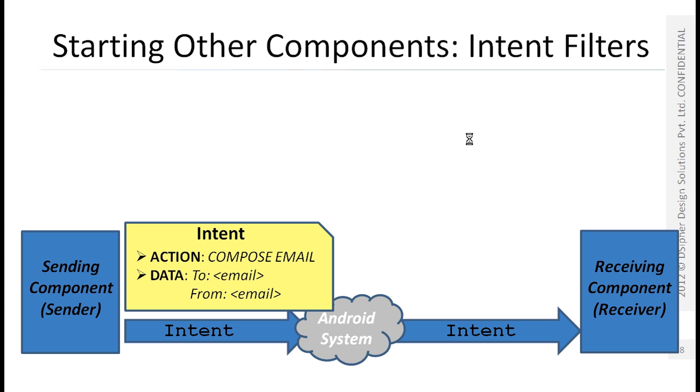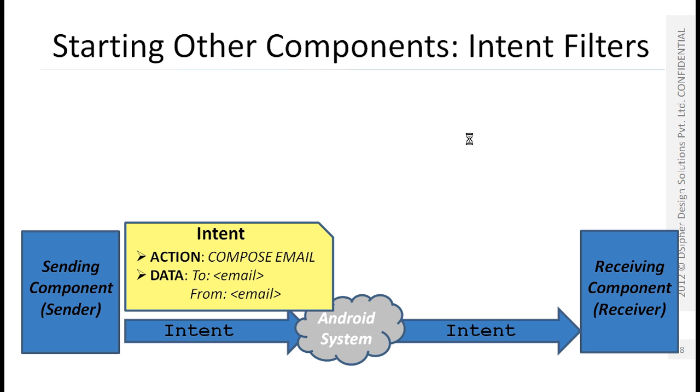Alright. So in implicit intent, you will not specify the name of the application you are going to launch. That application will be selected by the Android system and shown to the user as a list, if multiple compatible applications are available to handle your action.